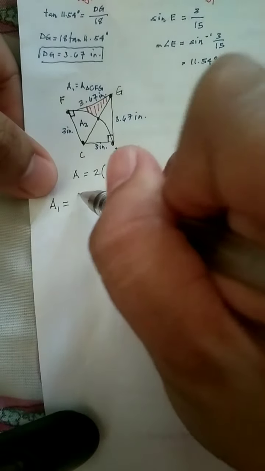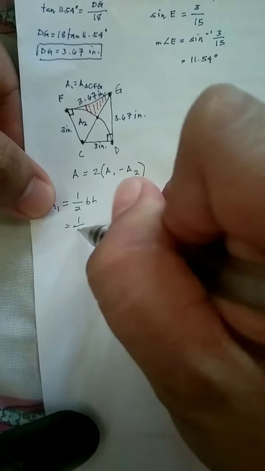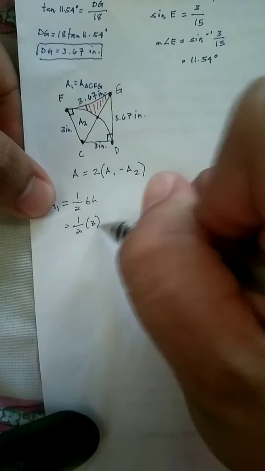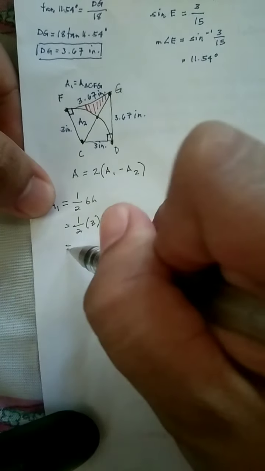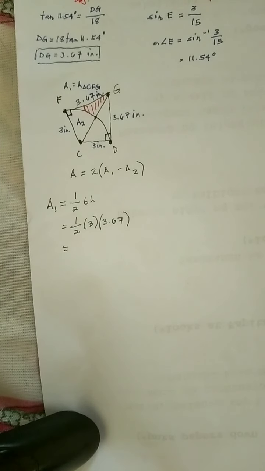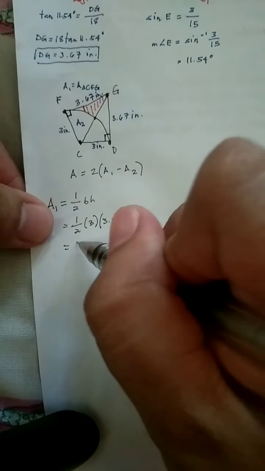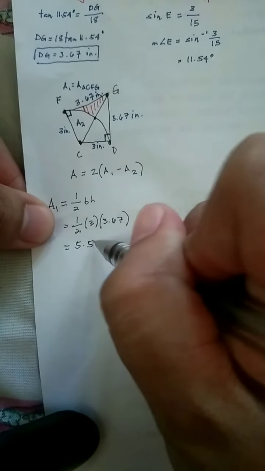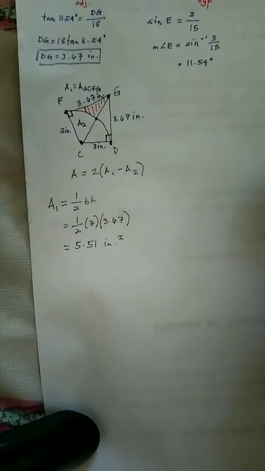We can use 1/2 base times height. So this is 1/2 times 3 times 3.67, which will give us 5.51 square inches.